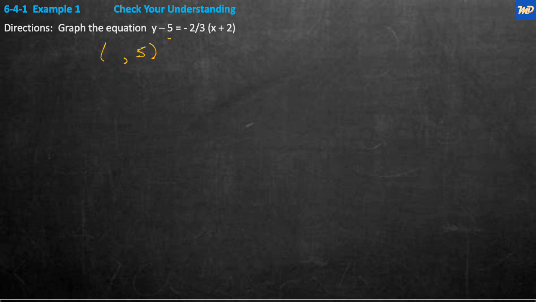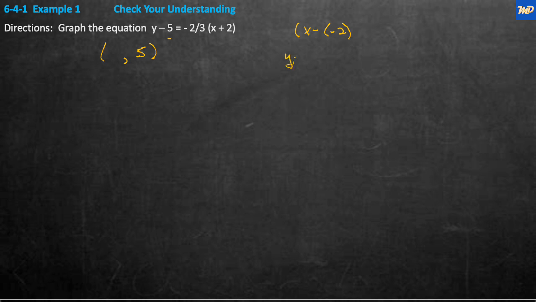Okay. So now I got to figure out the x value. So what is the x value? It says plus 2. Well, in order for this to be plus 2, what did it mean? It meant that it was x minus 2, right? Because the equation says minus, right? X minus. What was it?